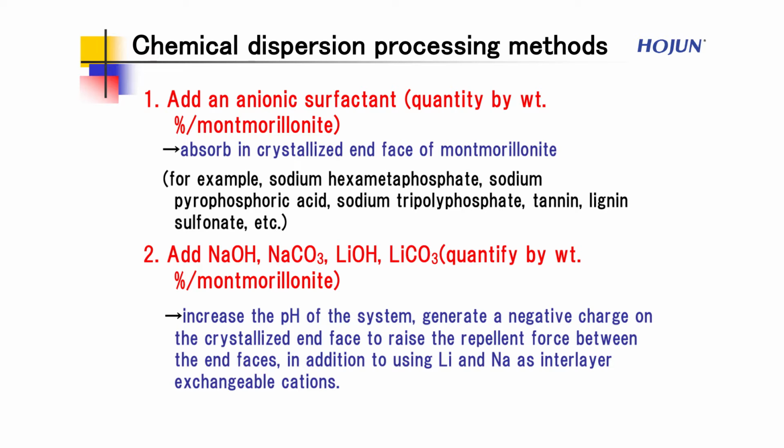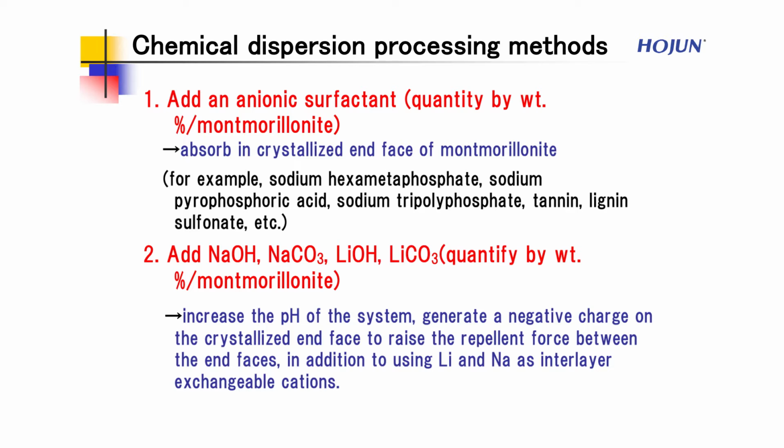Next is the chemical dispersion processing method, which uses the electrical properties of montmorillonite and includes 1. Addition of anionic surfactants, and 2. Addition of alkaline substances with sodium or lithium.